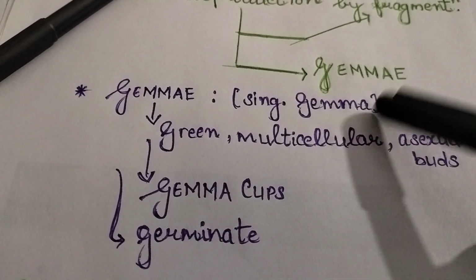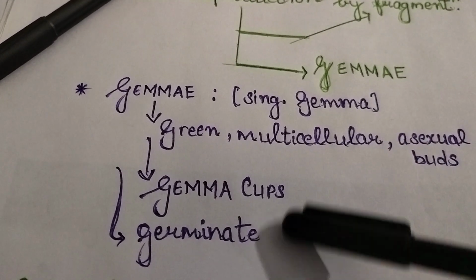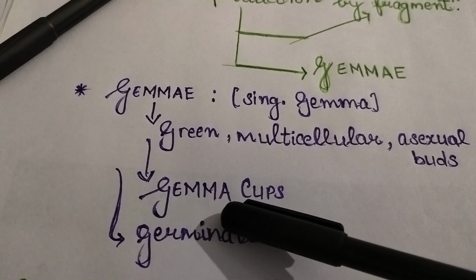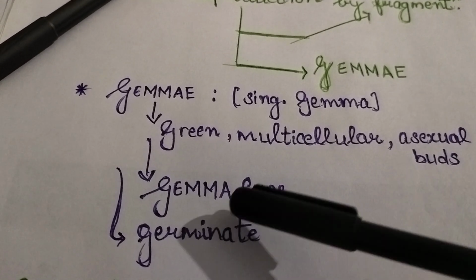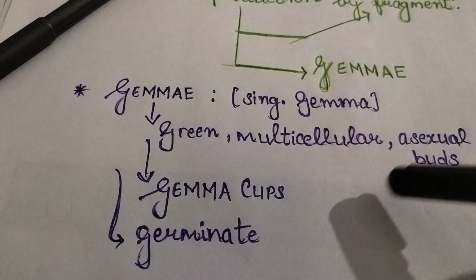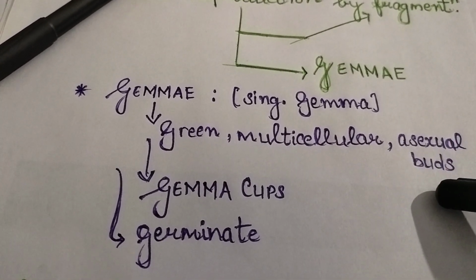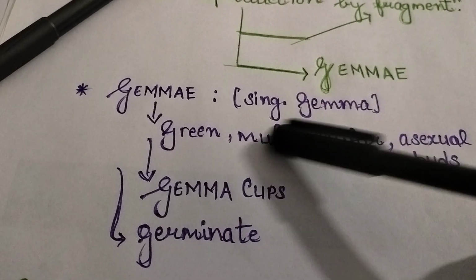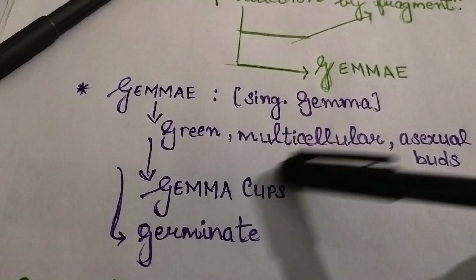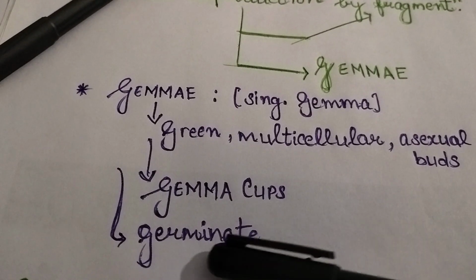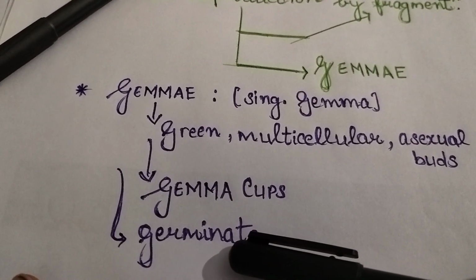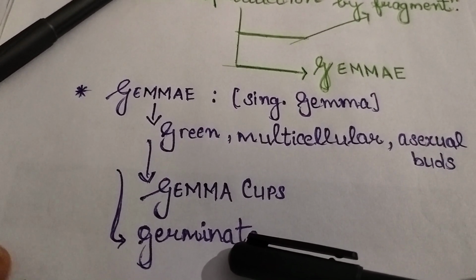Asexual reproduction by gemmae. Gemmae are produced in thalli. Inside the gemma cup, green multicellular asexual buds arise. They are called gemma as singular and gemmae as plural. They then detach from the parent body and germinate into a new thallus or new individual.